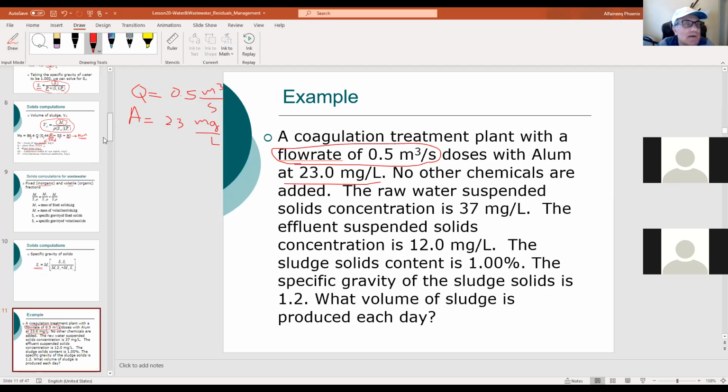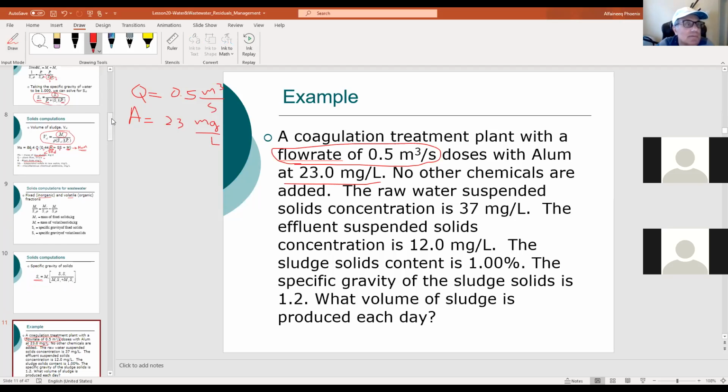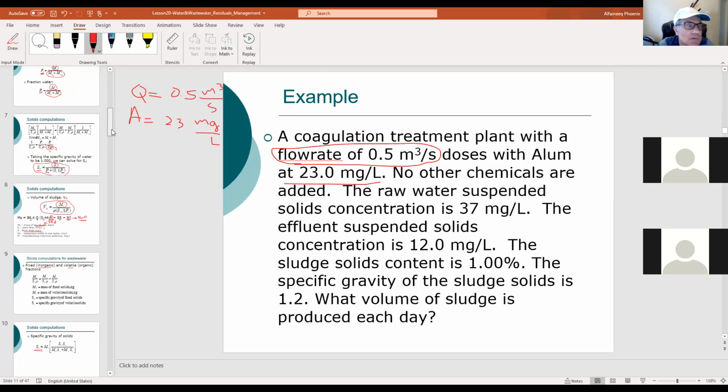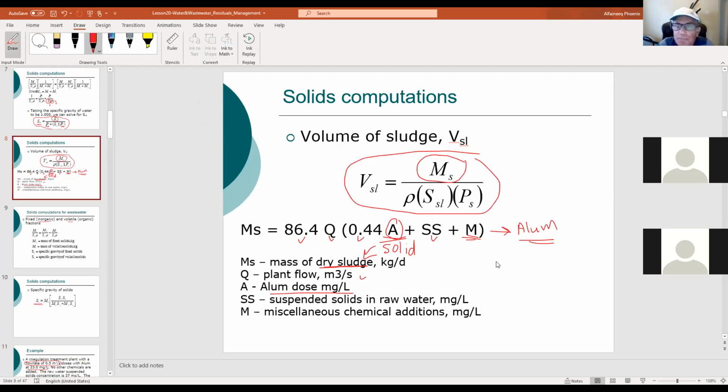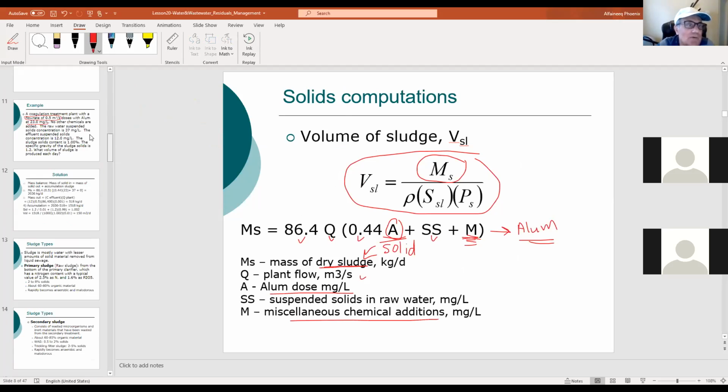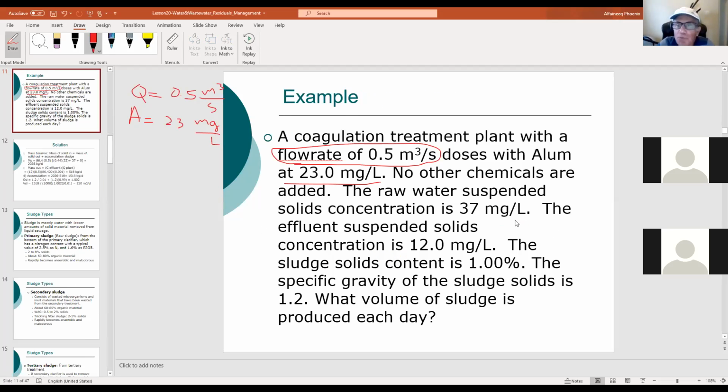Let me go back here. Other chemical added, this is your M. In our example, M equals what? M would be 0. They are telling you straightforward, no chemicals are added, so M equals 0.